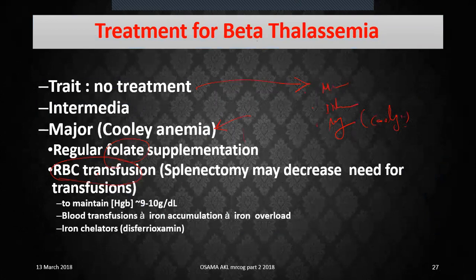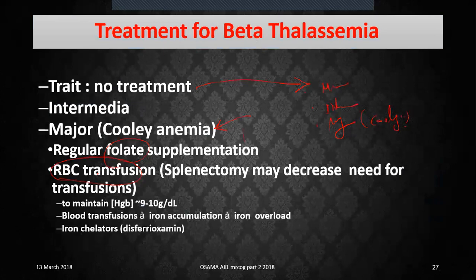In the past, they used to do splenectomy as a measure in treating any hemoglobinopathy and hemolytic anemia. This has now decreased. We rarely need splenectomy now because it's a dangerous maneuver.